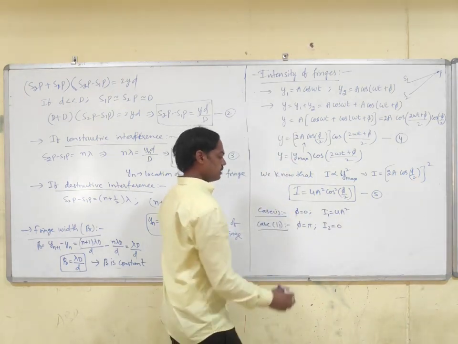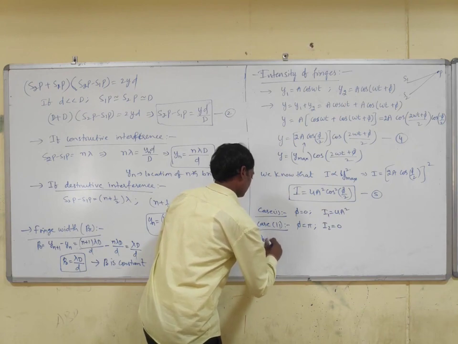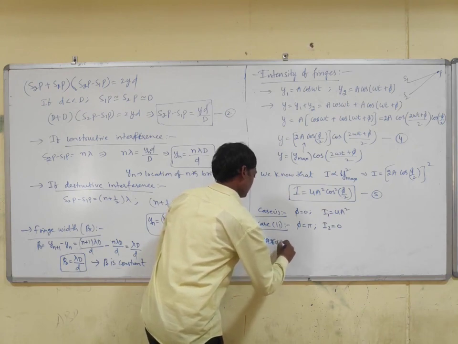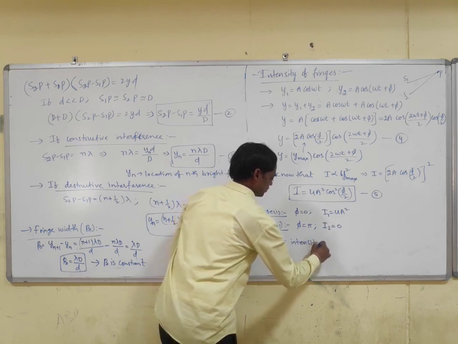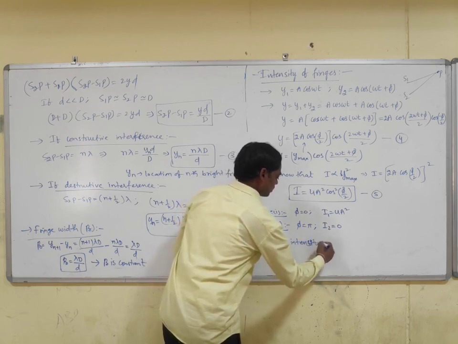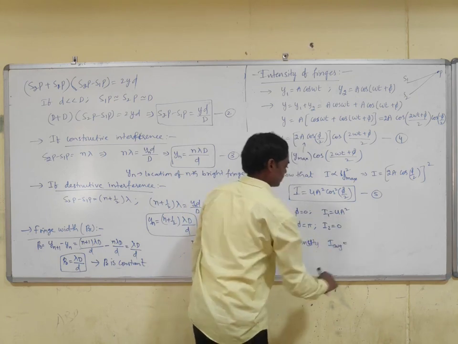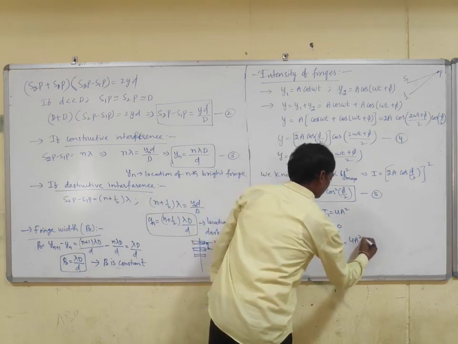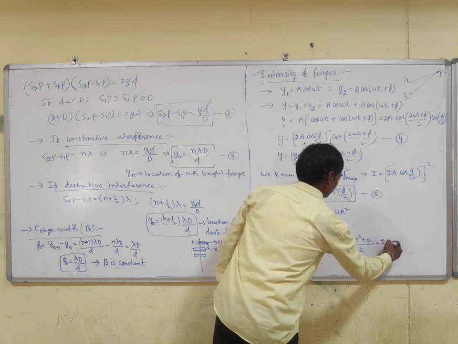So what will be the average intensity? I average is equal to (4a square plus 0) by 2, which is equal to 2a square.